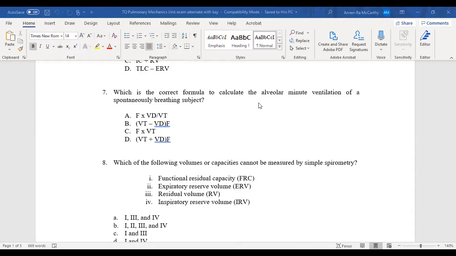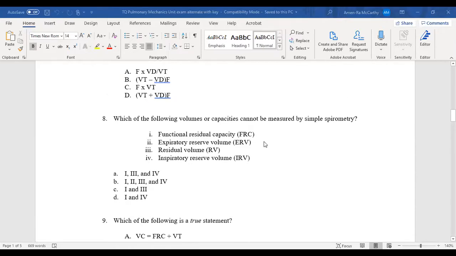Good, Kayla, that's right. Miss Tabor, still need to look at it again. Miss Rose, that's good. Alveolar minute ventilation is frequency times tidal volume minus dead space, or tidal volume minus dead space times the frequency. Just because the F is on the other side does not make it wrong. It's still mathematically correct. Okay.